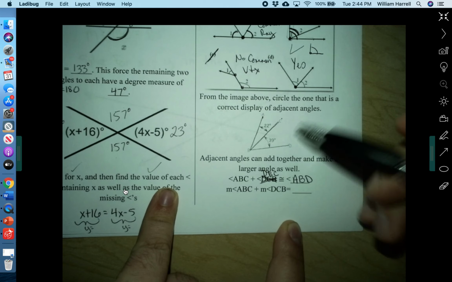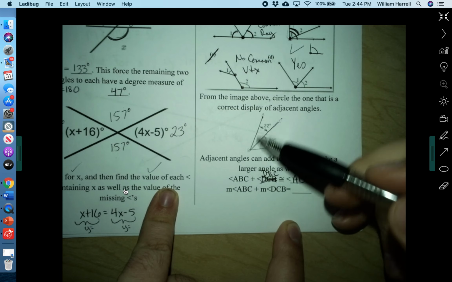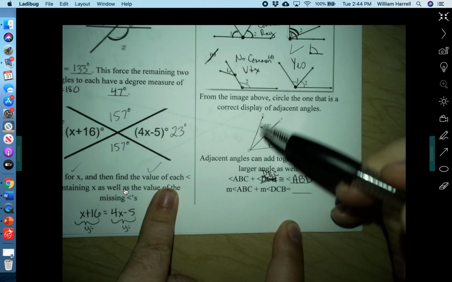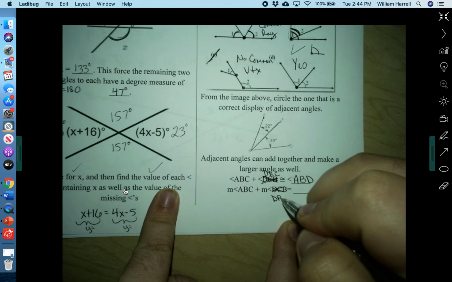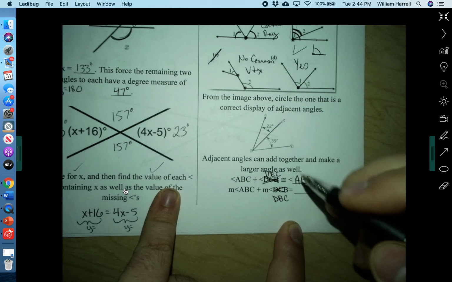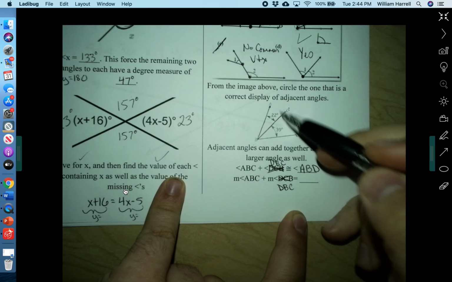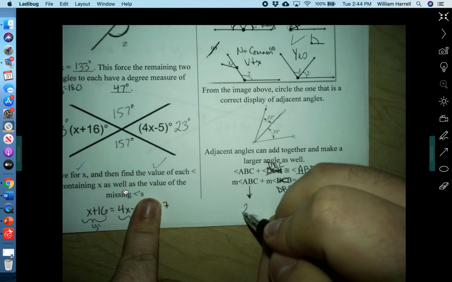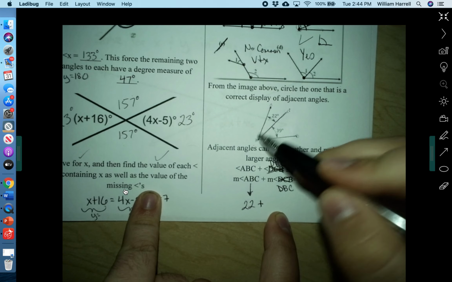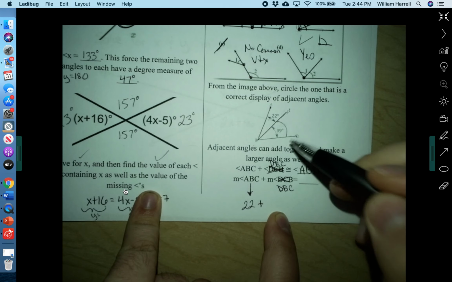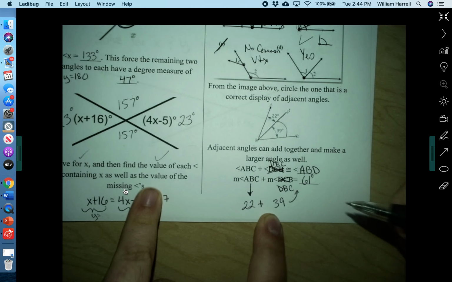Now, the measurement of ABC plus the measurement of, again, DBC is equal to what? So, the measurement of ABC is 22. I'm adding DBC, so D to B to C is this arc, plus 39 equals 61 degrees.